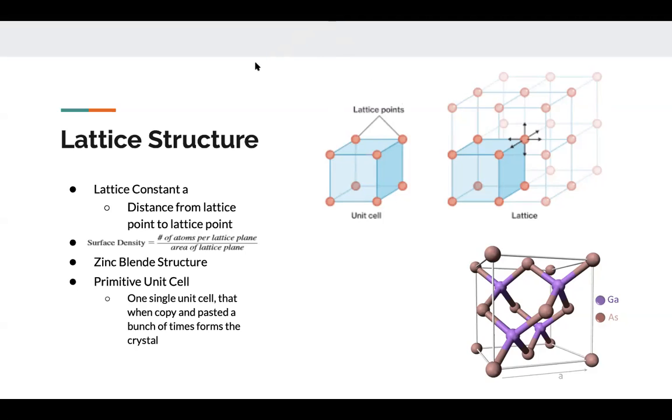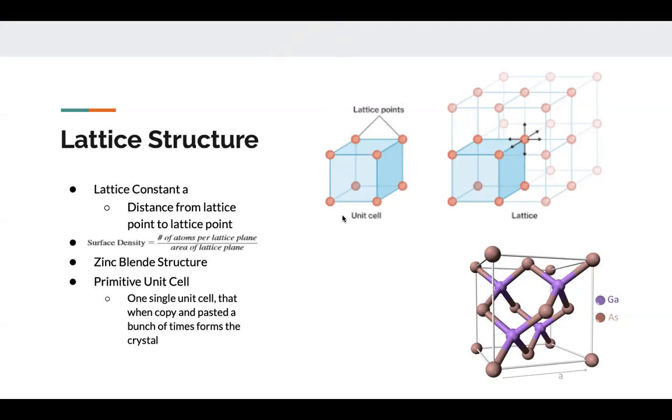That's what makes the zinc blende structure. It's what makes silicon crystals and gallium arsenide the way they are. And the primitive unit cell is basically the unit cell where you can copy and paste it a bunch of times and make a crystal.